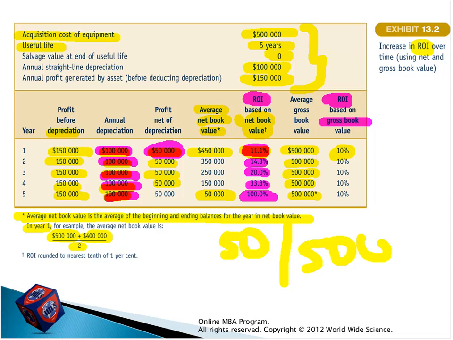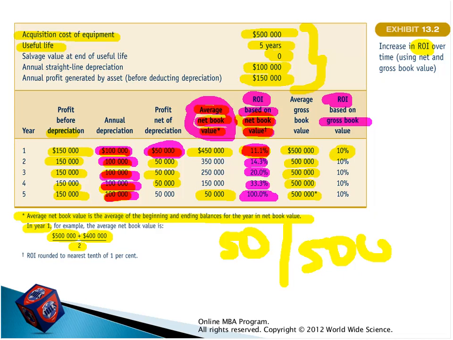The difference is about the average net book value, how we calculate the average net book value. So the first method, which shows the return on investment based on the net book value, is based on this average net book value, where we get the value of equipment at the beginning of the year and at the end of the year, and the average of this amount.